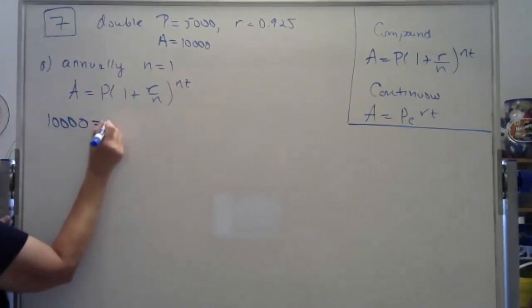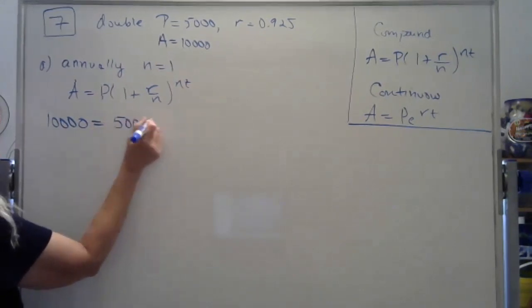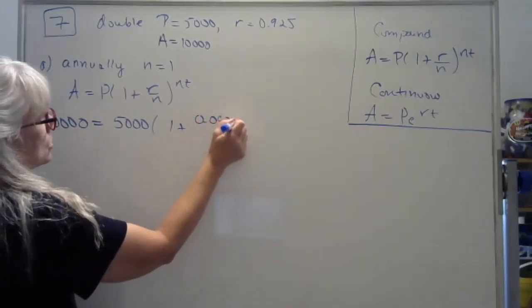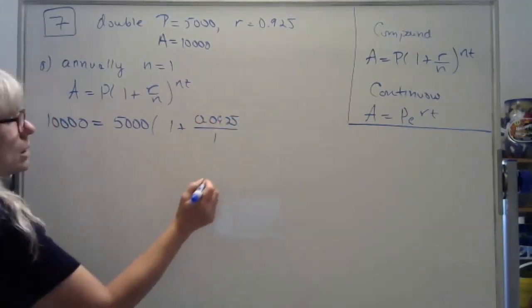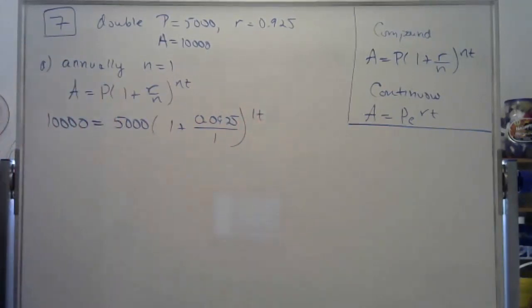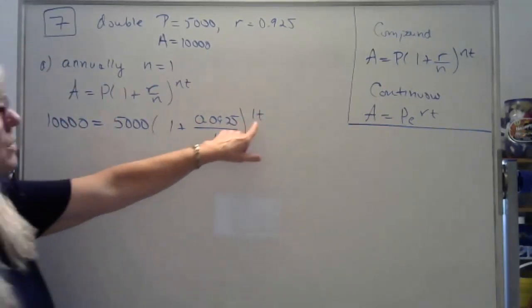So that would be 10,000 equals 5,000 times (1 plus 0.0925 divided by 1) raised to the 1t as an exponent. And again, our job is going to be to solve for this t.